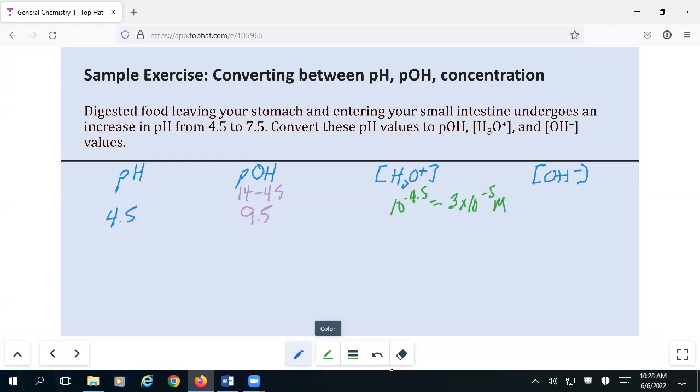So since our pH here was only to 1 decimal place, our concentration is only going to have 1 sig fig. I said it's quirky, it's weird. We haven't done a whole lot with logarithms, but that is the general rule of thumb when it comes to significant figures: look at the number of sig figs if I have a concentration, or the number of decimal places if I have a logarithmic function like pH.